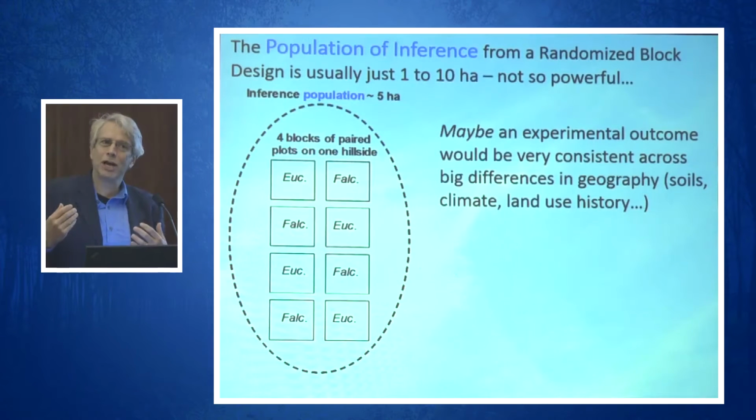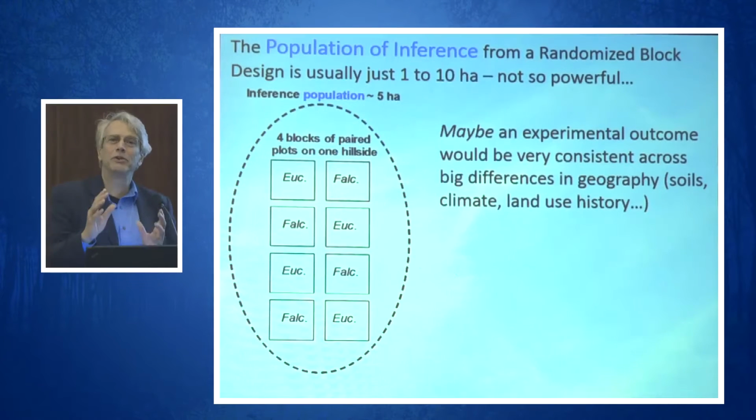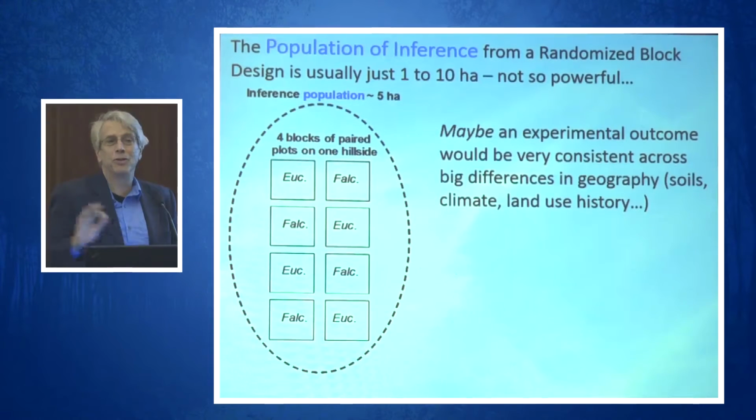And if they matter a lot, and yet we leave them out of our experimental design, well then we're guaranteeing that the population of inference for a replicated study might be too small to be of very much use around the planet, or even around the island, or even across the hillside.